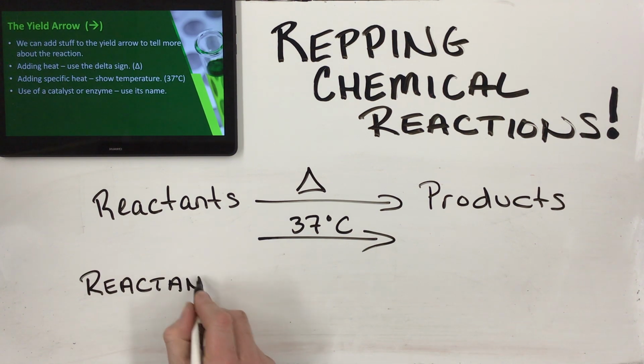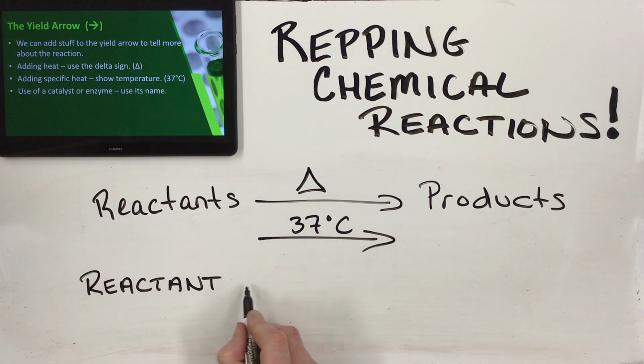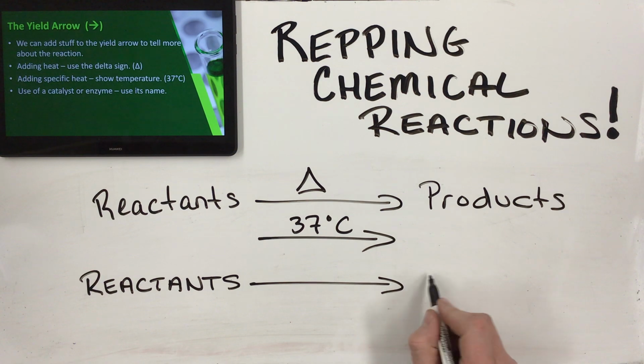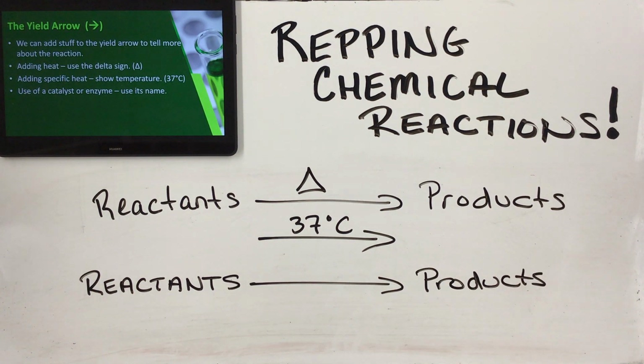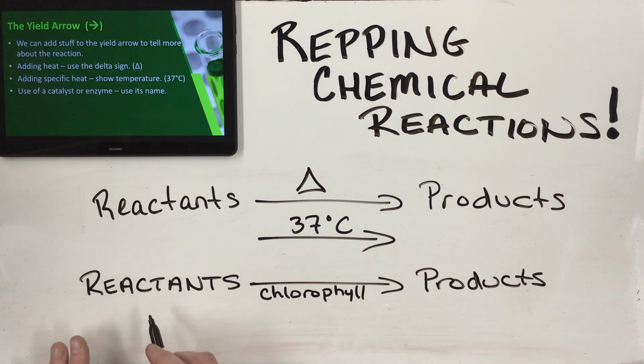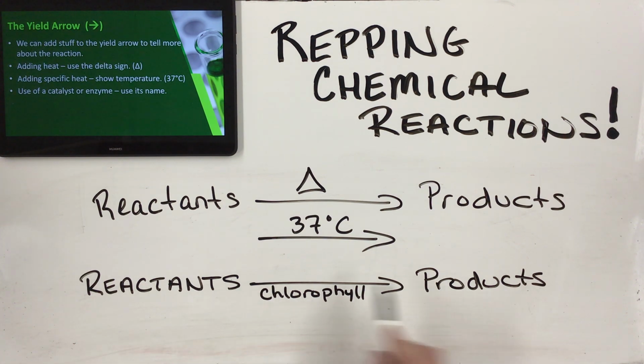Or an enzyme, which is an organic catalyst. And that helped me. In that case, like for photosynthesis, I know I need chlorophyll. So I can write chlorophyll here. The chlorophyll is not one of the products. It's not a reactant, but it helps turn reactants into products, right?